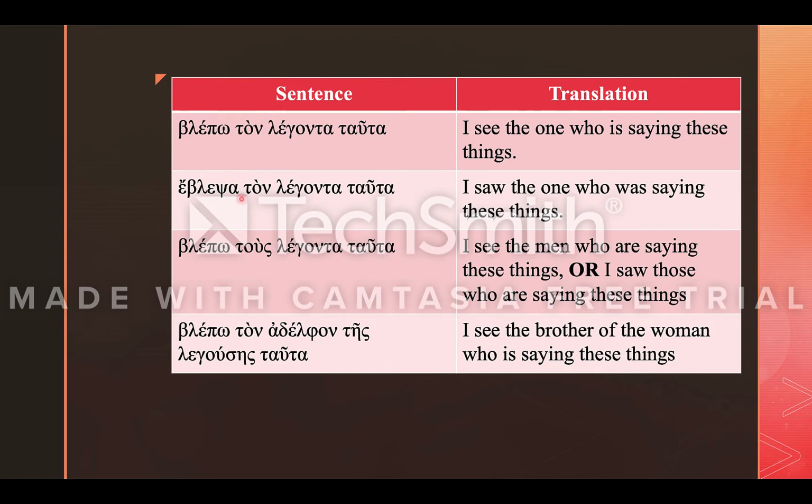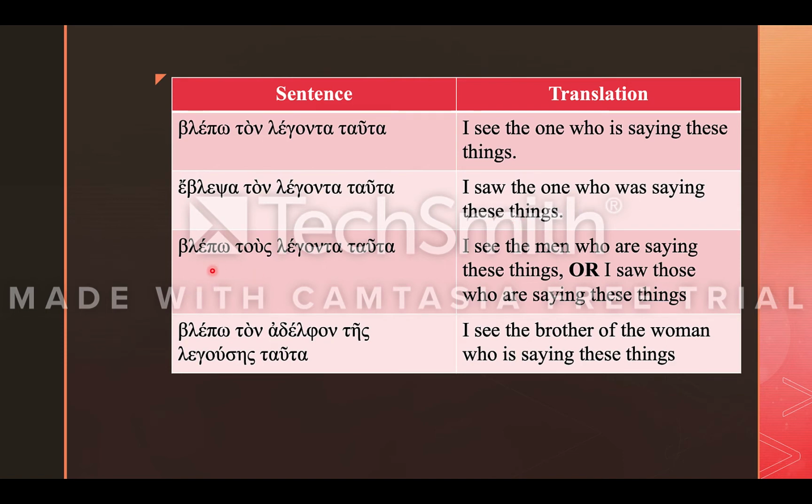Now, let's look at the second sentence. Eblepsa ton legonta tauta. You will discover that this blepo is present tense. Eblepsa is your aorist, which stands for the past tense. Eblepsa ton legonta tauta. I saw the one who was saying these things.